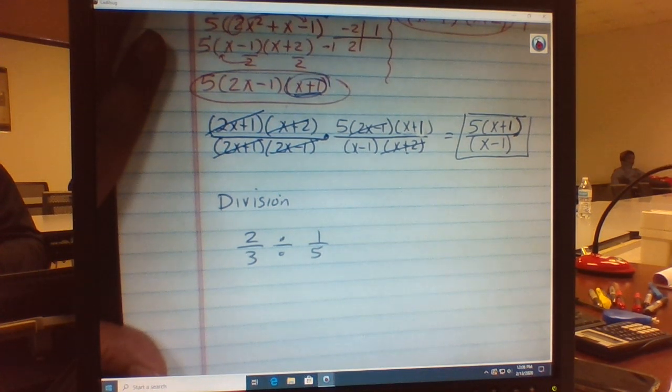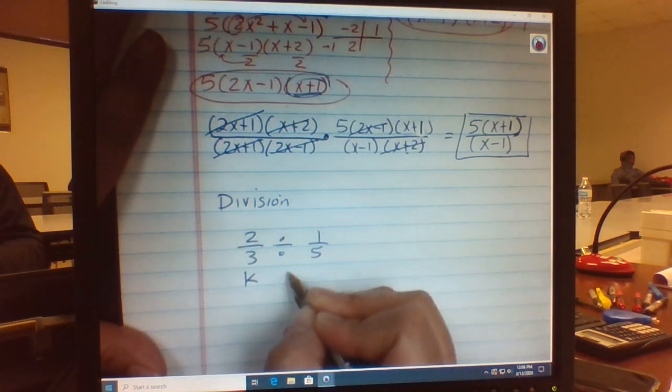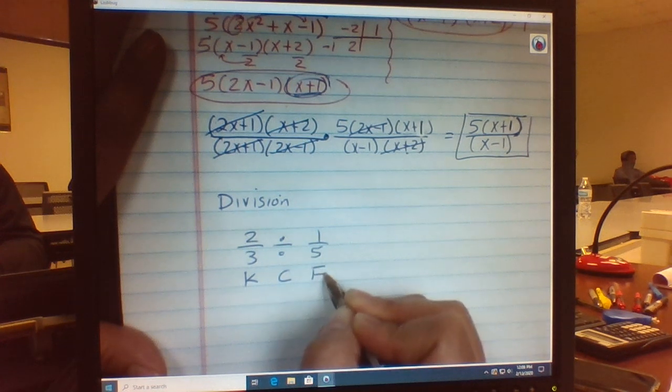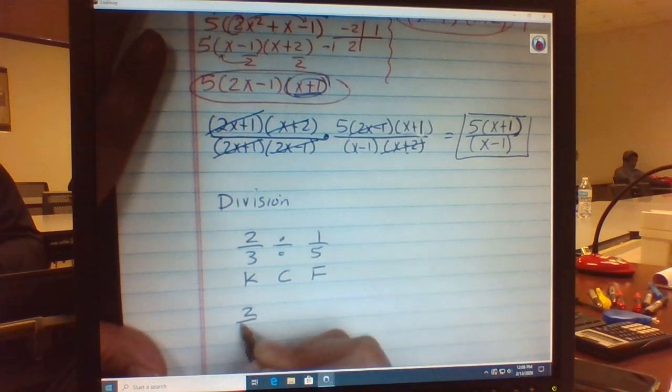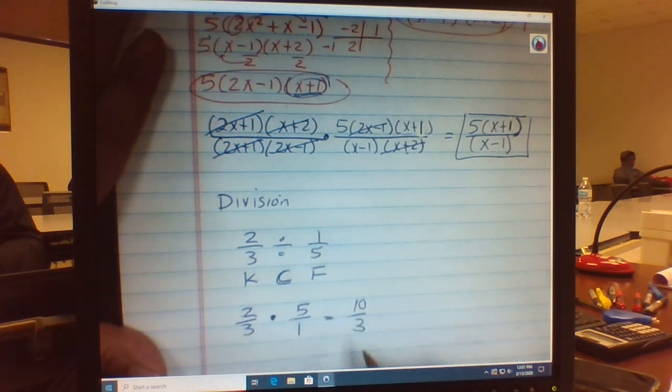Would they do cross multiply? I thought you multiplied it across. You're supposed to keep, change, and flip. You would keep the first fraction, change division to multiplication, and then you would flip that one. And then you would do like 10/3. Do you remember that? Well, if you don't, remember not KFC, but KCF.